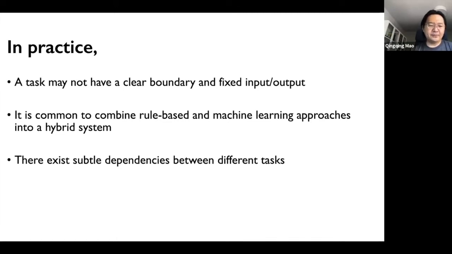And this raises a question, because there can be subtle dependencies between different tasks. If your pipeline is relatively long, you may have some pre-filtering and rule-based systems, and some of these can affect the later machine learning model performance, and it will all affect the overall result you get from this computation pipeline.